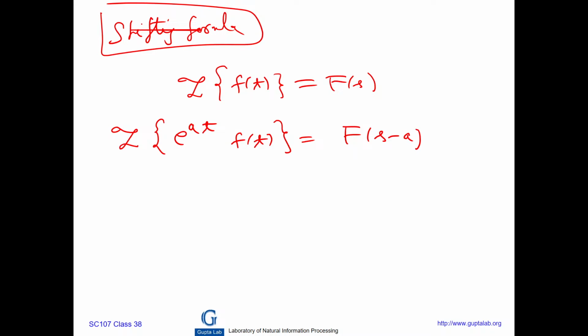And hence f of t is nothing but e raised to power minus at times the inverse Laplace transformation of capital F of s minus a.